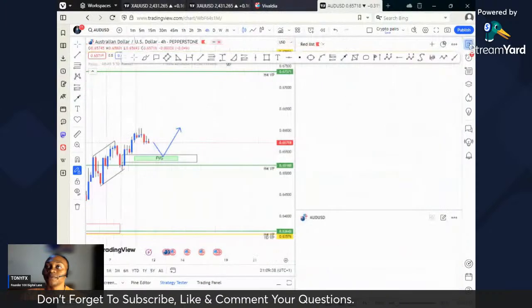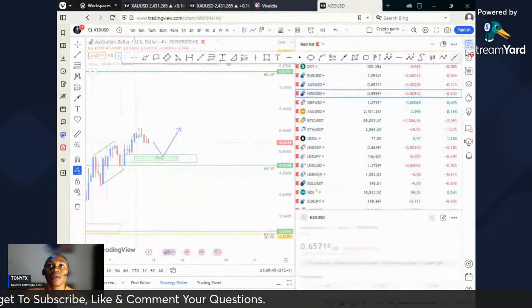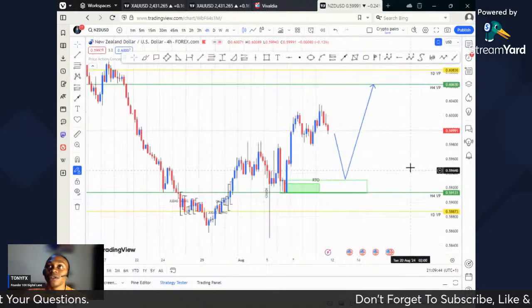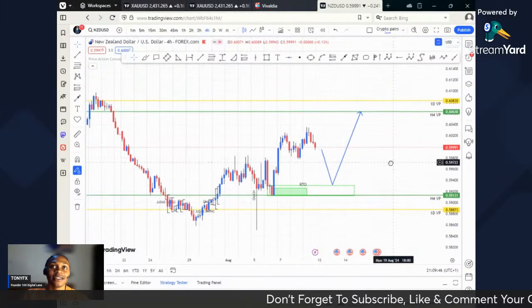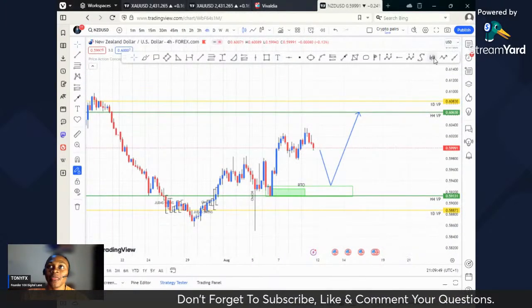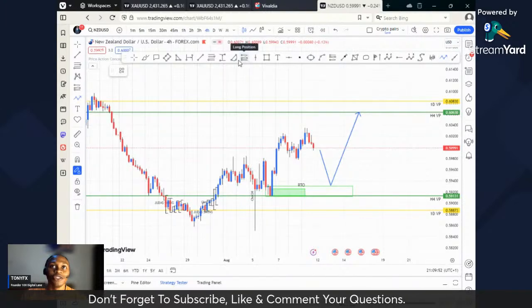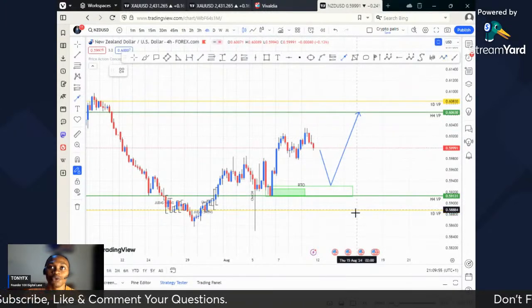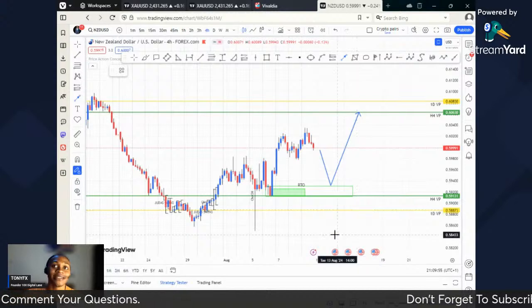The next on the list is NZD USD. Whatever AUD USD is doing, NZD USD is doing the same as well, because they are in the same oceanic region.